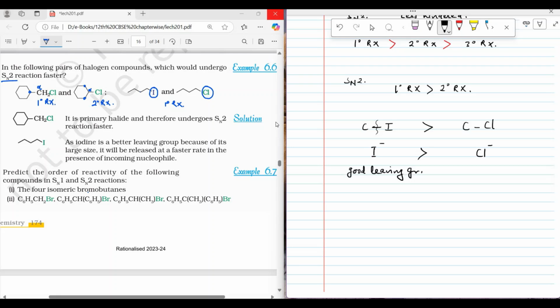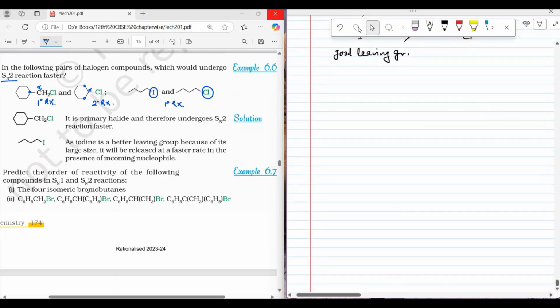Now come to the next question. Predict the order of reactivity of the following compounds in SN1 and in SN2 reactions: the four isomeric bromobutanes. So let's draw the structures of the bromobutanes. First of all, we can draw normal bromobutane. Here there are 4 carbons: CH3, CH2, CH2, CH2 and Br.